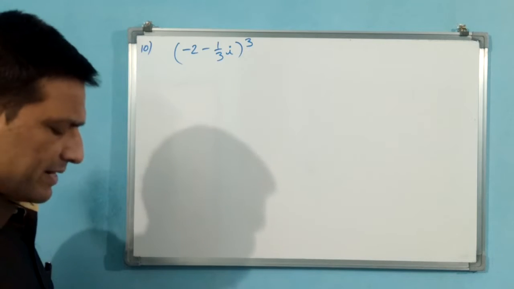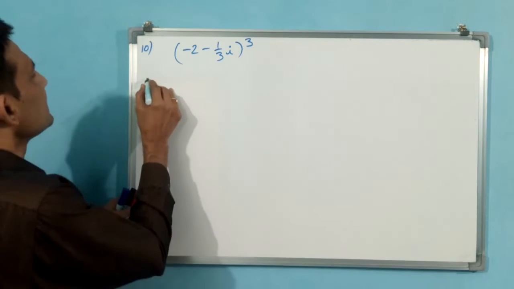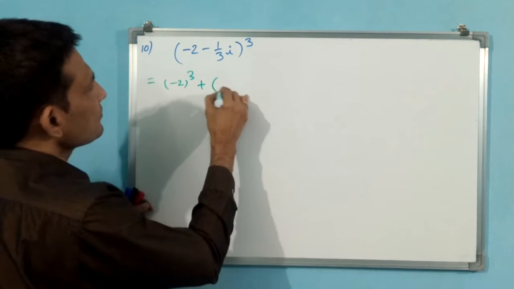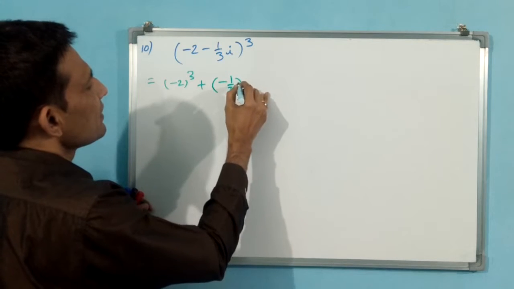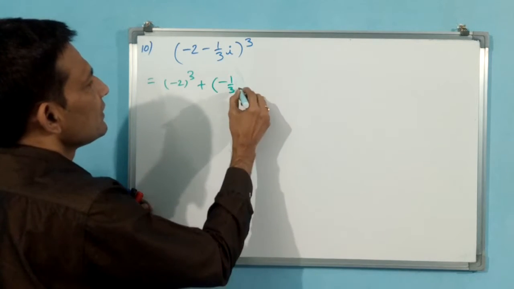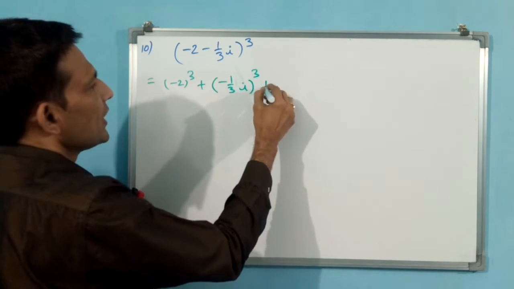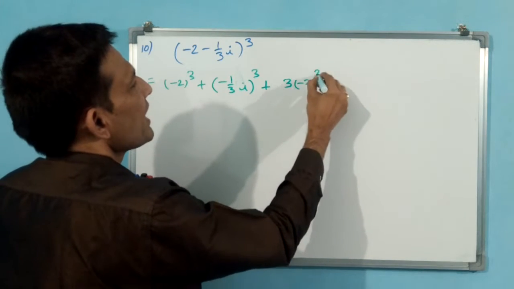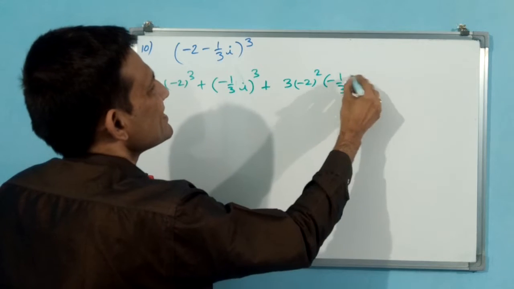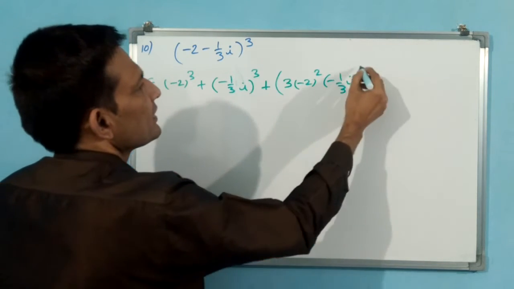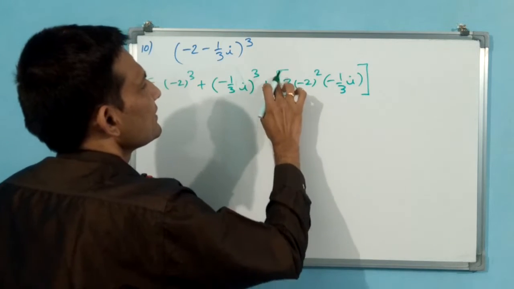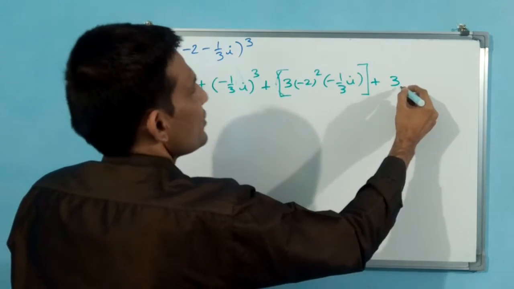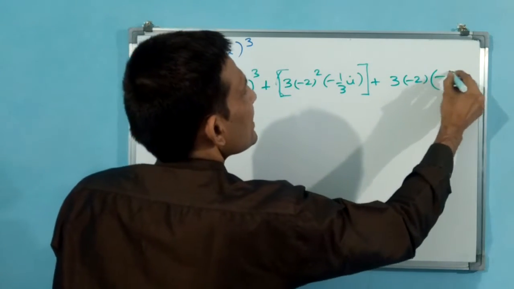Let us expand: a cube is (-2) cube, plus b cube, (-1/3 i) whole cube, plus 3a square b, plus 3ab square.